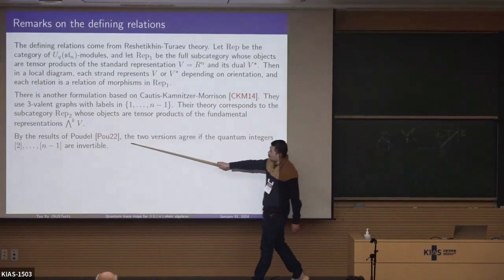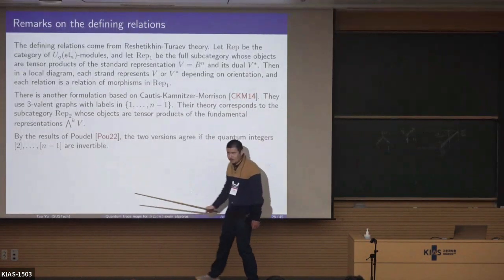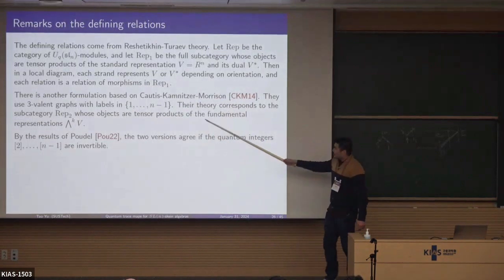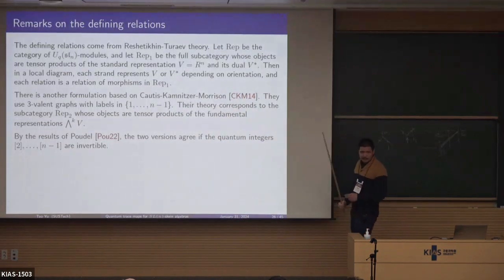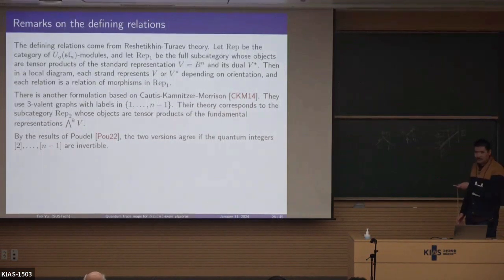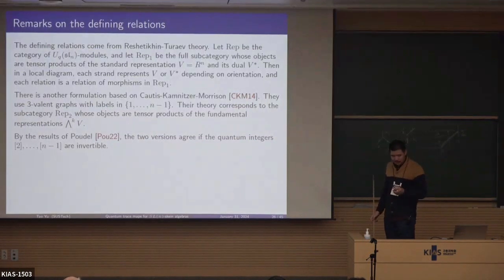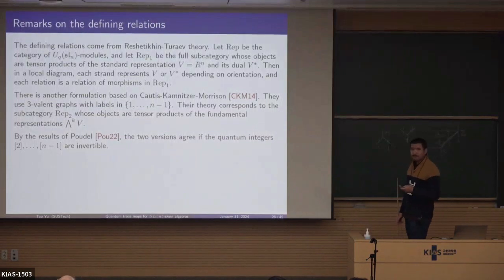But a recent work basically shows that if these quantum integers are invertible, the 2 versions of the skein algebra are basically the same. This is not really an issue for us right now, but for example, if you consider roots of unity, then it's a big issue. Then the 2 will contain different sets of elements. Okay.